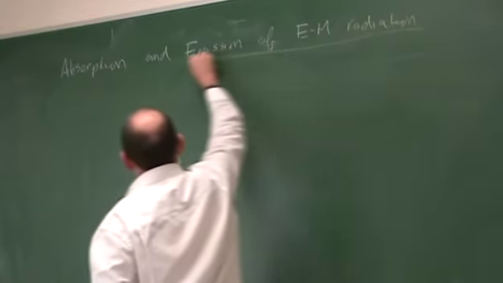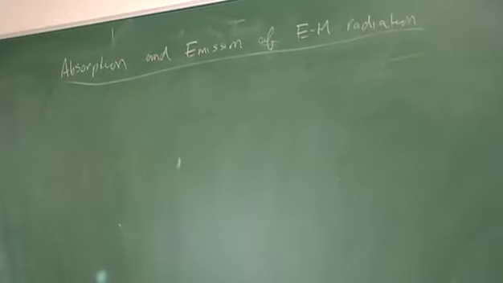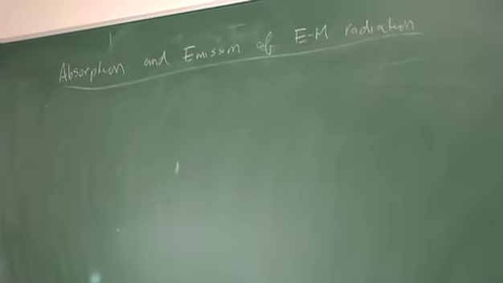So this is where we were a week ago. We had written down the interaction Hamiltonian. We had made the gauge transformation and expanded it as a multipole expansion.